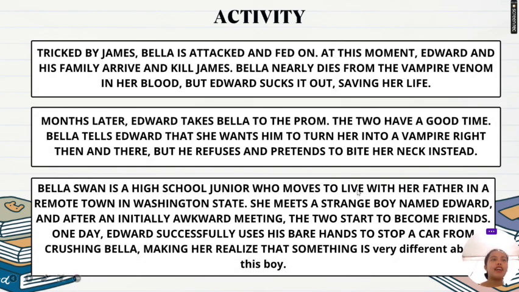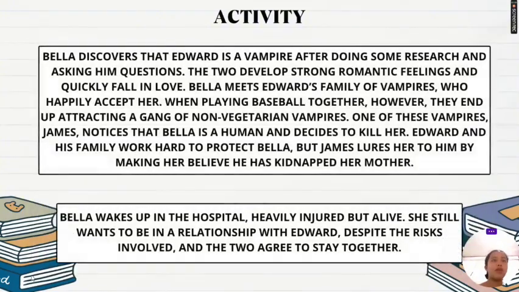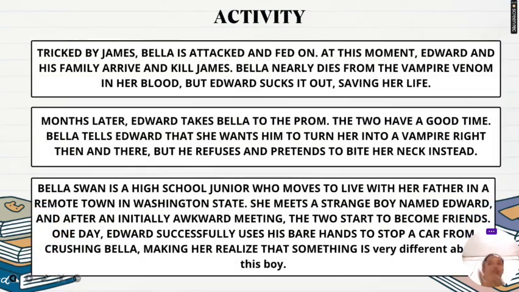All right, correct. So the answer for the exposition is box number 3. Okay, so let us all read the passage. Bella Swan is a high school junior who moves to live with her father in a remote town in Washington state.